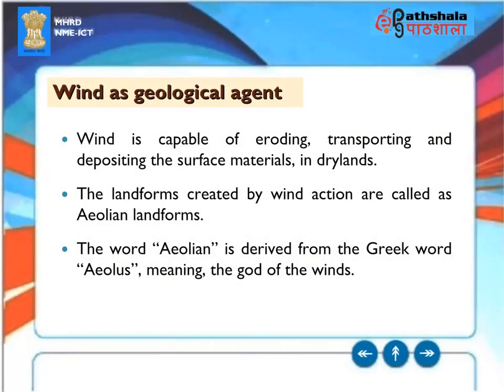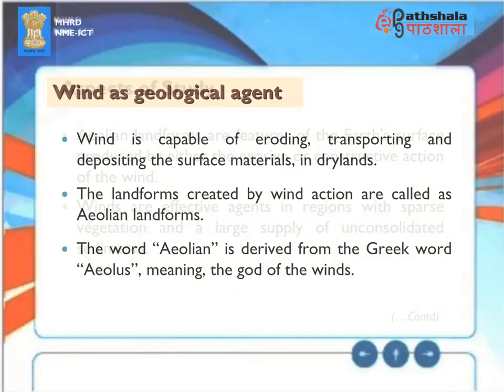Wind is capable of eroding, transporting, and depositing the surface materials in dry lands. The landforms created by wind action are called Aeolian landforms. The word Aeolian is derived from the Greek word Aeolus, meaning the god of the winds.